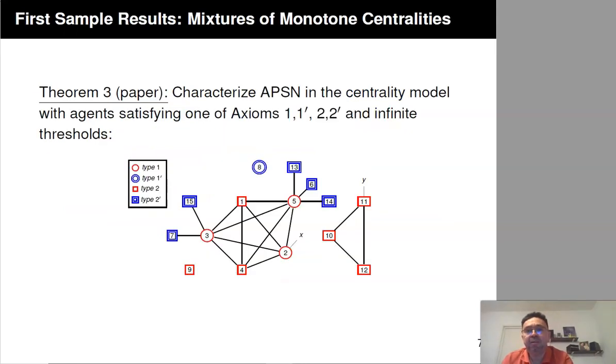So our first sample result basically states that in the Jackson-Wolinsky model, suitably modified as we explained, stable networks look as follows. We have isolated nodes plus complete graphs consisting of nodes of type 2, plus at most one more complex component, which consists of 3 of the 4 types.